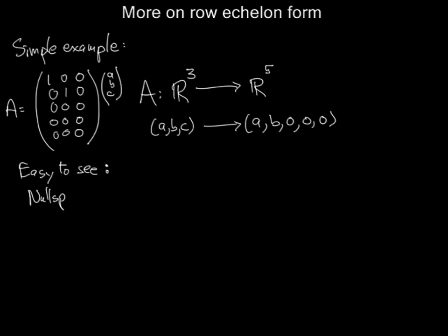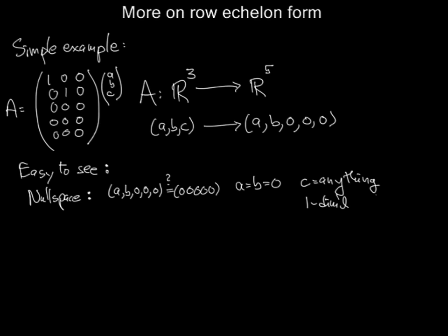It's very easy to see these spaces. The null space, well, when does ABC go to 0? Well, that's exactly when A and B are both 0. So both A and B have to be 0, but C is arbitrary. So clearly the null space is one-dimensional, and it's the vector 0, 0, C. And that's this free variable.